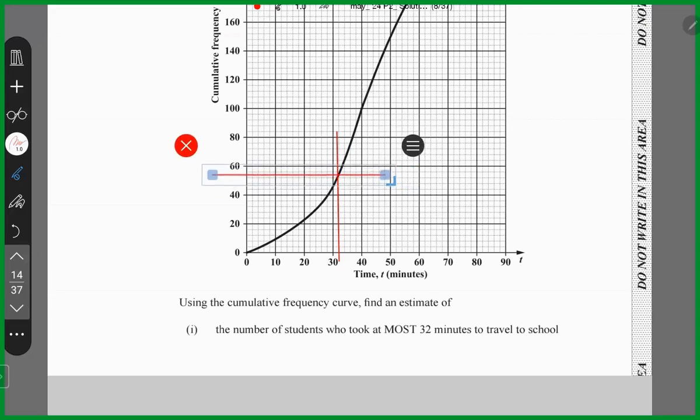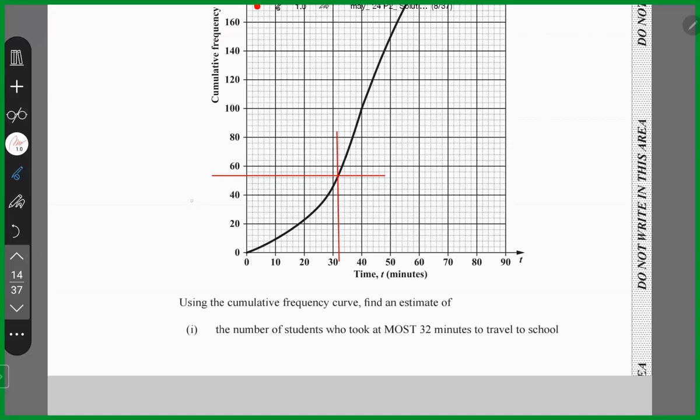So what is this telling me? Over to the left, it's going up by what? 5? Or by 4? 5, 10, 15, 20, it's going up by 4. So this is 44, 48, 52, 52 plus 2, 54.